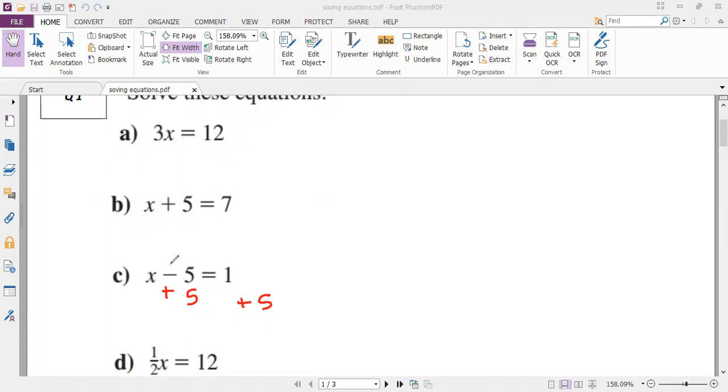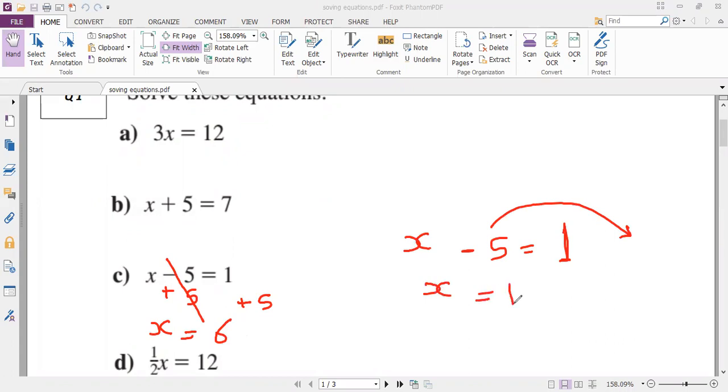So minus 5 and 5 are going to be cancelled. You are left with, in the left-hand side, x equals 1 plus 5, which is 6. And we can do it easily by moving minus 5 to the other side and changing its sign. So x equals 1, and move minus 5 from this side to the other side and change its sign. It is going to be x equals 1 plus 5, which is 6.